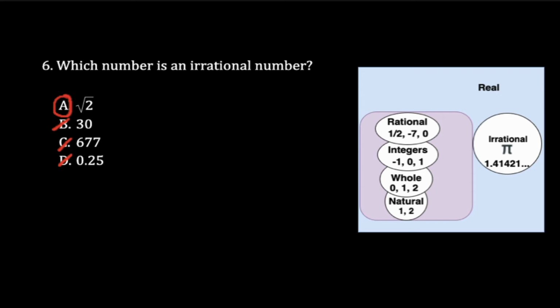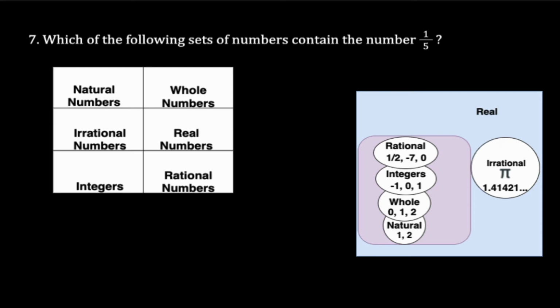So let's move on to number 7. Which of the following sets of numbers contain the number 1/5? We have these sets of numbers here. Let's begin with natural numbers.